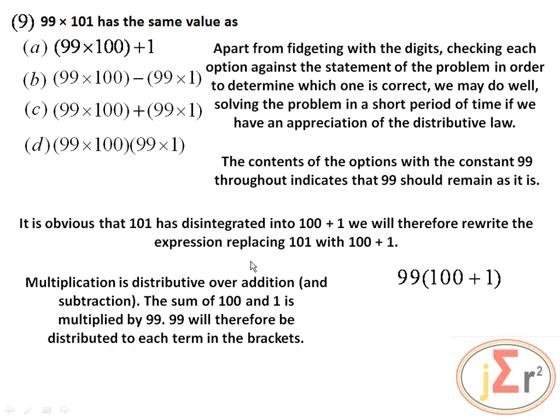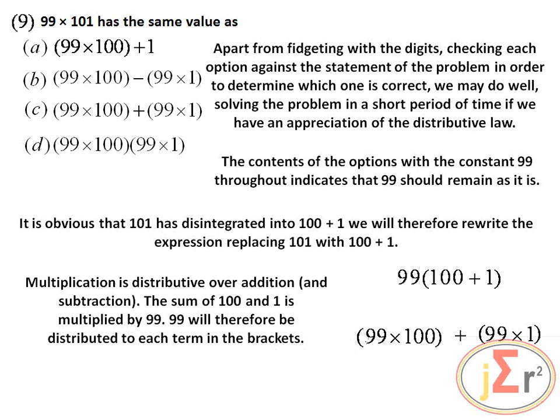Distributive law says distribute this 99 to the 100, multiplication. Distribute this 99 to 1. So we have 99 multiplied by 100 and 99 multiplied by 1. As a matter of fact, we did not need to include these brackets.